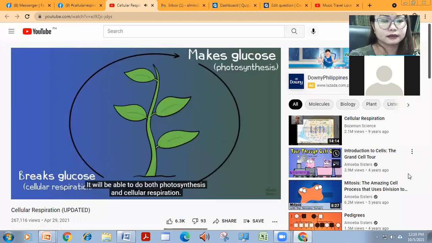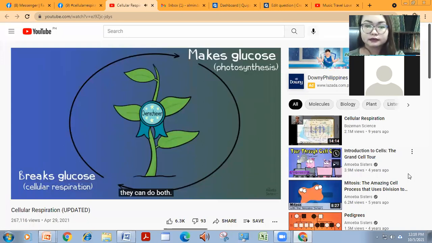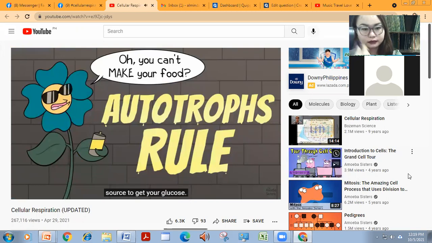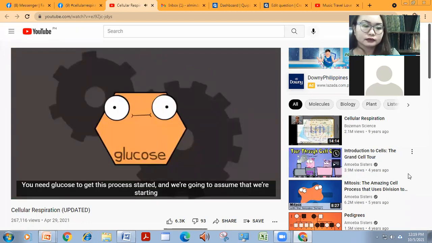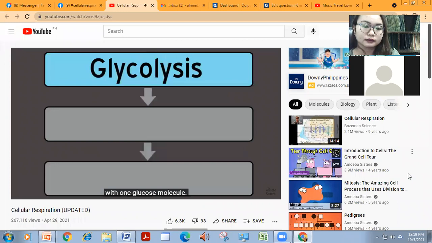Both photosynthesis and cellular respiration. Plants make glucose in photosynthesis, and they break it down in cellular respiration. They can do both. But if you aren't photosynthetic, such as a human or an amoeba, you have to find a food source to get your glucose. You need glucose to get this process started, and we're going to assume that we're starting with one glucose molecule. Step 1, glycolysis.